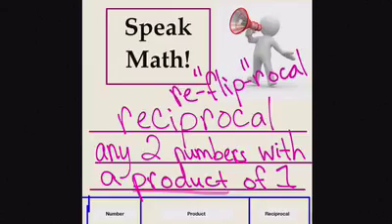So for example, if I gave you the fraction 4/5 and asked you to find the reciprocal, you would flip what's on the top and the bottom. So the 5 would be on the top and the 4 would be on the bottom. We've simply traded what's on the top and what's on the bottom, and that's its reciprocal.